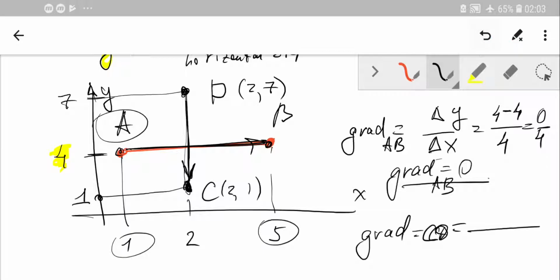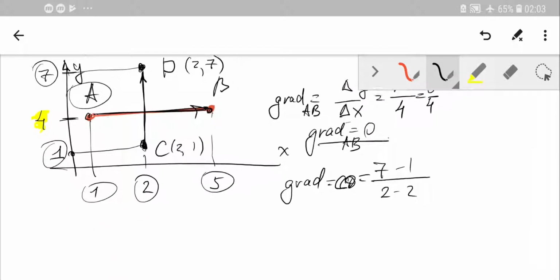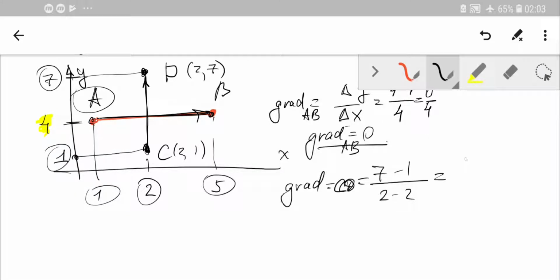So in order to have more proper values for change in y, we start from C and move up to D. All right, so change in y becomes 7 minus 1. Okay, it's better. And change in x is 2 minus 2. All right, so what do we have here? We have 6 over 0.